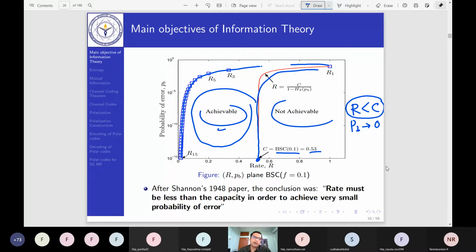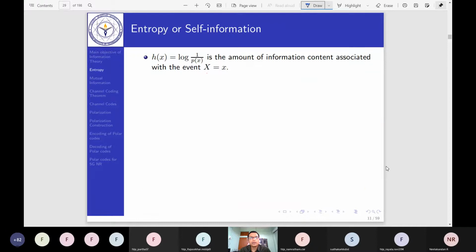However, if our rate is greater than this capacity, in this region, it is not possible to achieve zero probability of error. So this is one of the remarkable results of Shannon's 1948 paper. So again, initially I have given you a flavor of the importance of information theory.